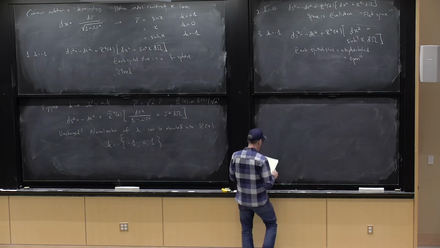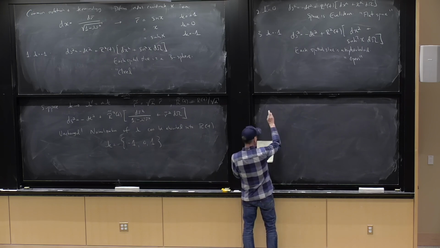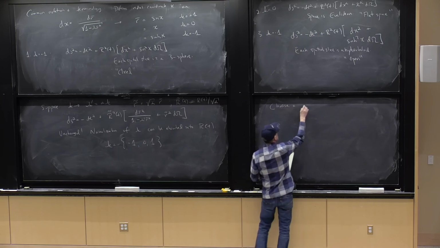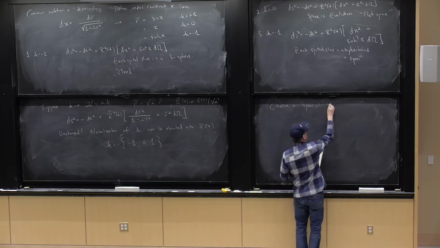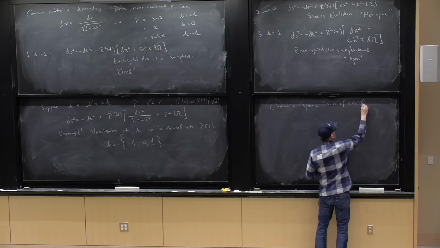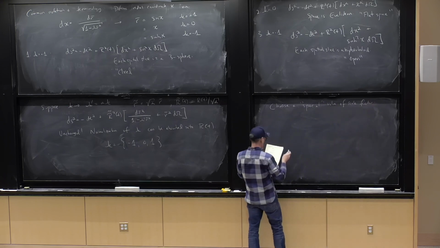So what we're going to do is choose a particular value of the scale factor, and we will normalize things to that.